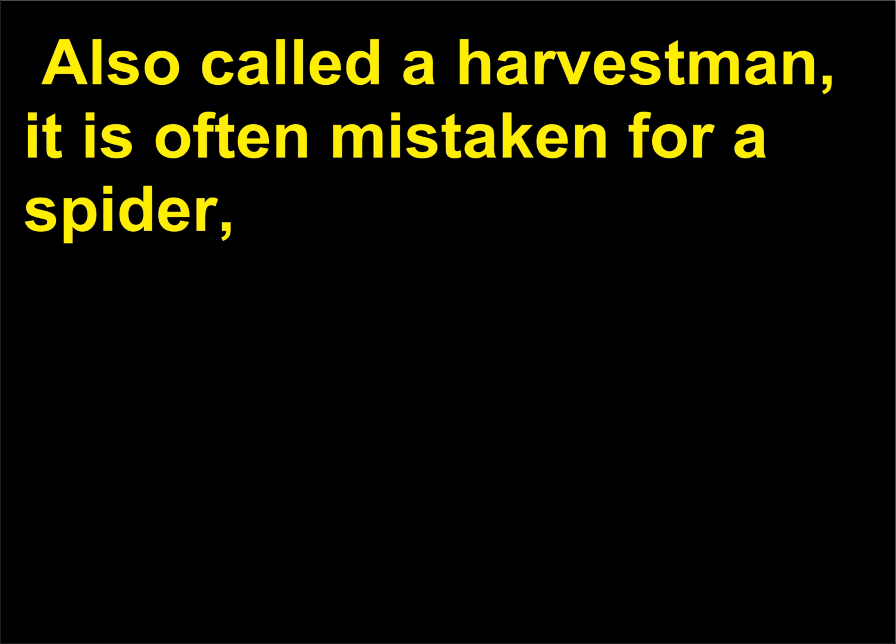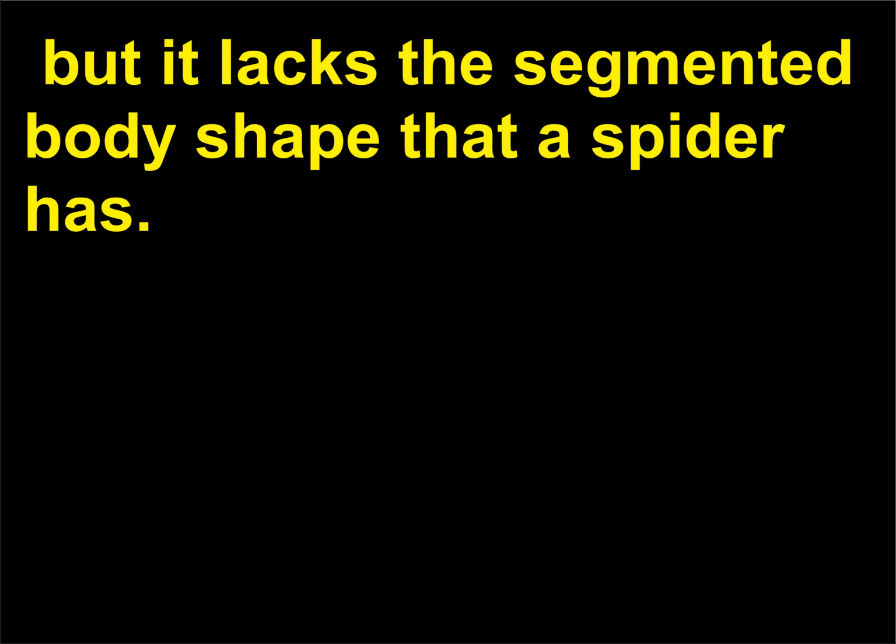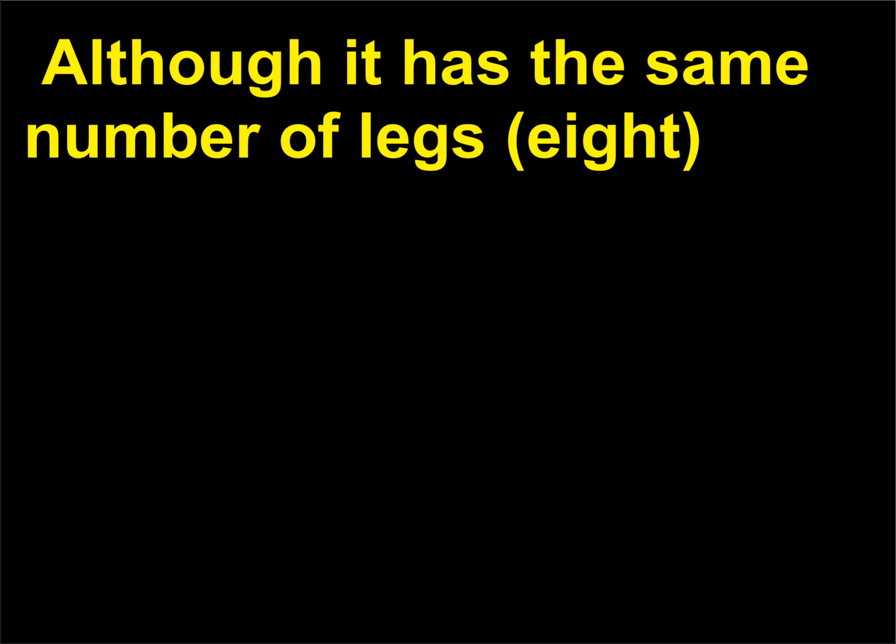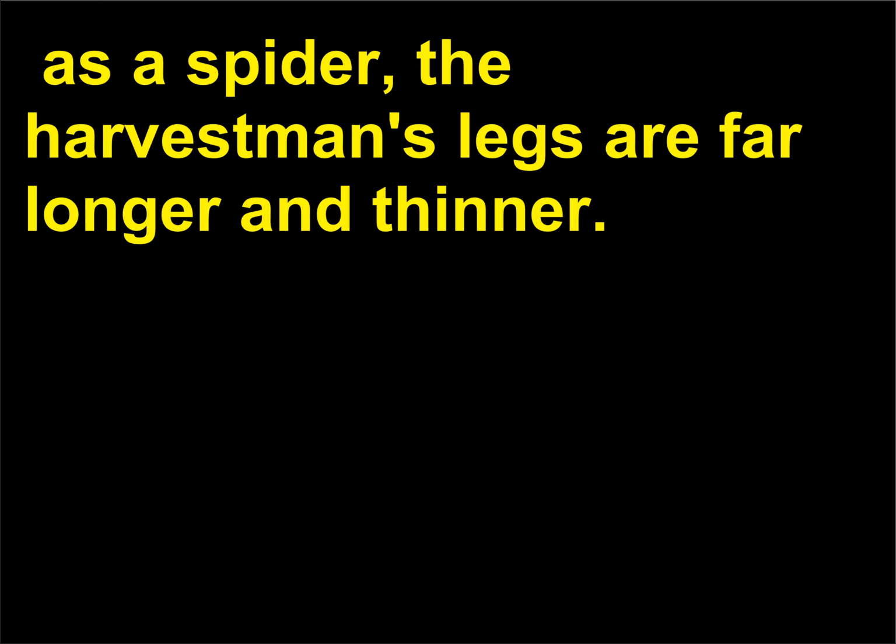Also called a harvestman, it is often mistaken for a spider. But it lacks the segmented body shape that a spider has. Although it has the same number of legs, 8, as a spider, the harvestman's legs are far longer and thinner.